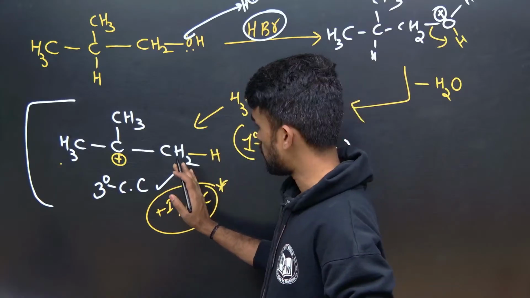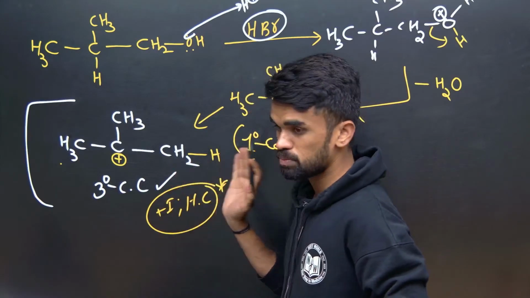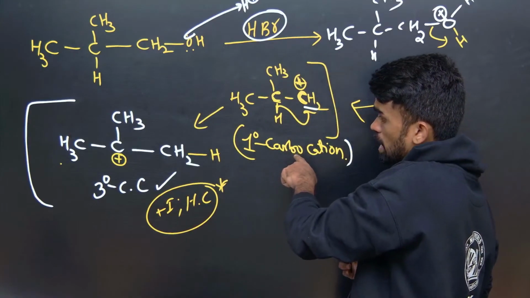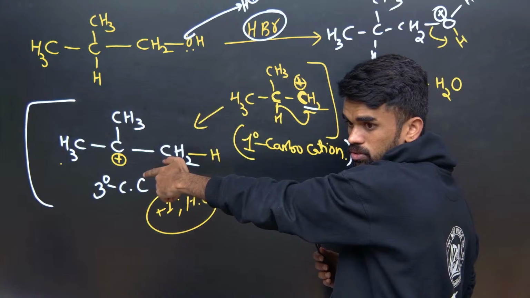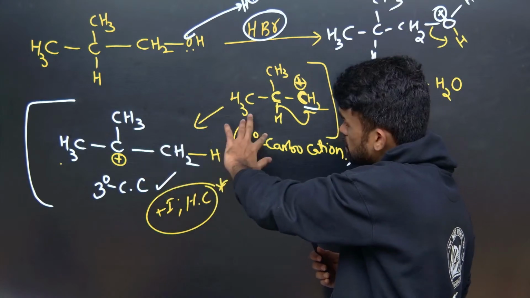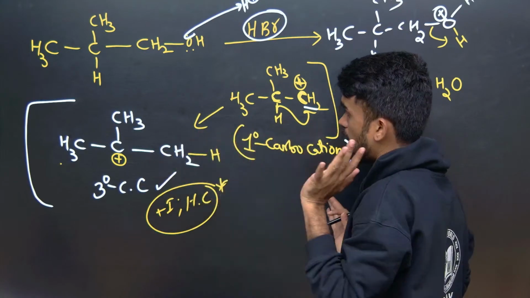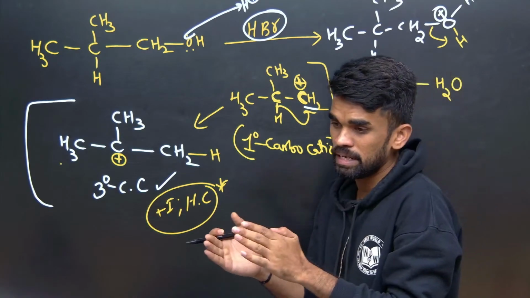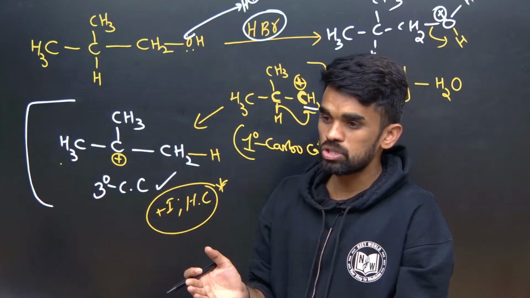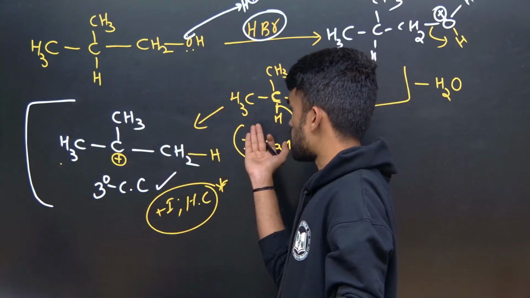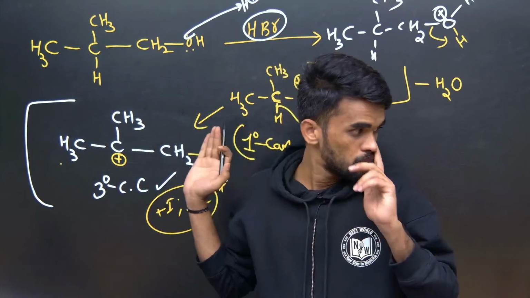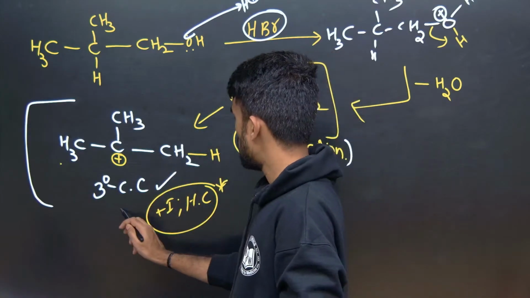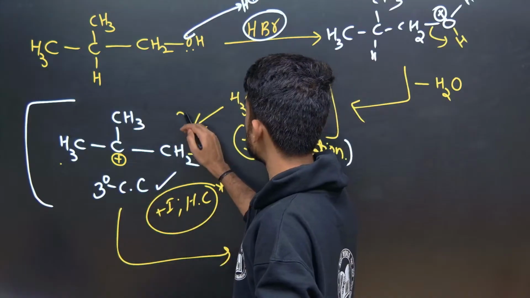So now primary carbocation is rearranged to the tertiary one. This process is called rearrangement. Always a less stable intermediate converts into a more stable intermediate, like a less stable carbocation converted into a more stable carbocation here. Clear now?